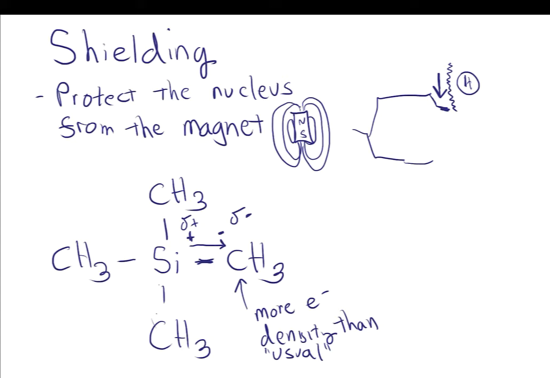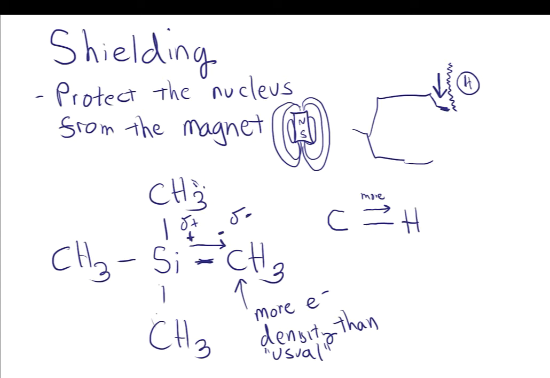As a result, that extra electron density of the carbon can get transferred into the CH bonds. So the CH bonds, even though they're a couple atoms away from silicon, feel the effect of the silicon pushing that electron density toward the carbon and in turn toward the hydrogens.